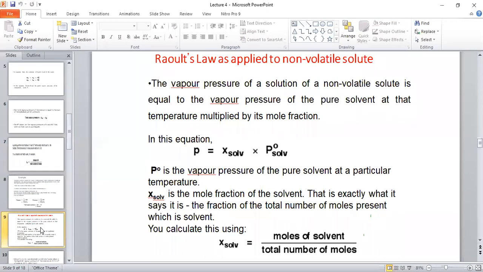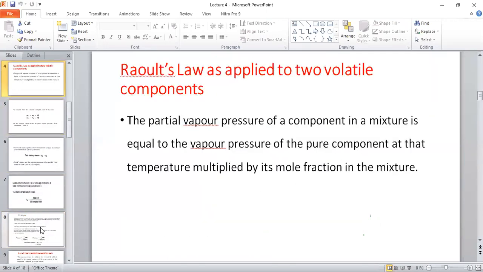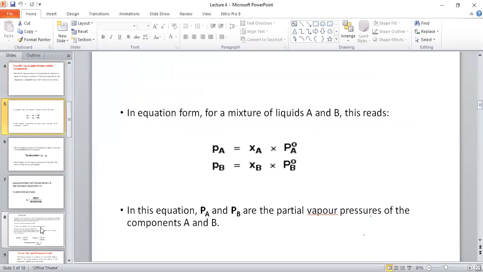What we looked at before was as applied to two volatile components, where you can combine the two partial pressures to get your vapor pressure using their mole fractions and the vapor pressures at their pure state.